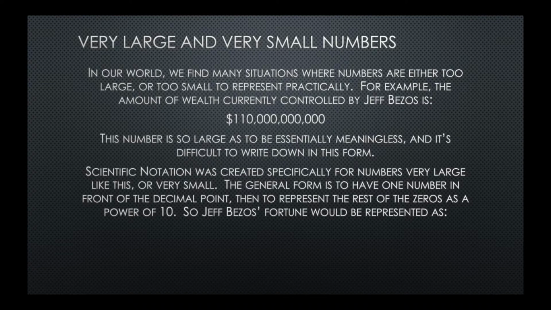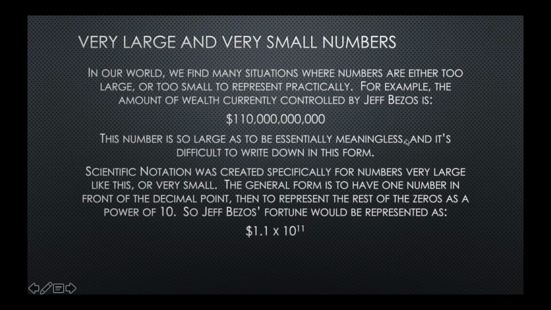Essentially, what scientific notation does is to have one number in front of a decimal point. So in this case, that would be that leading one in the $110 billion. And then only two numbers after the decimal point, and the rest of it is represented as a power of 10. So for example here, for Jeff Bezos, it would be 1.1 times 10 to the 11th.